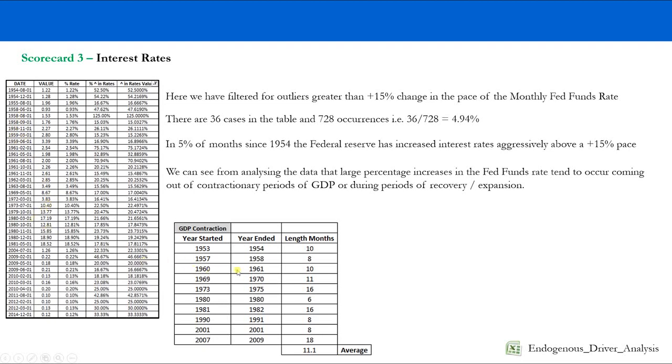In the contractionary period of 60 to 61, we see most of these increases in 61, 62, and 63. In the early 70s, this is one of our anomalies. We see a big pace increase at the beginning of a contractionary period, which doesn't really fit the trend. In 1980, we have most of these towards the end of 1980 and in 1981.